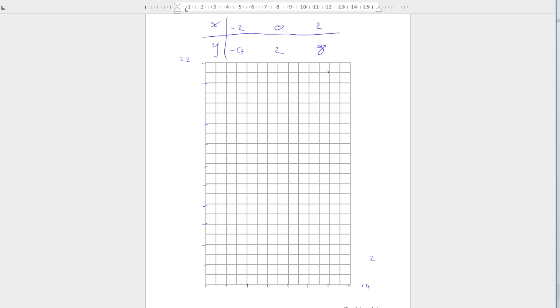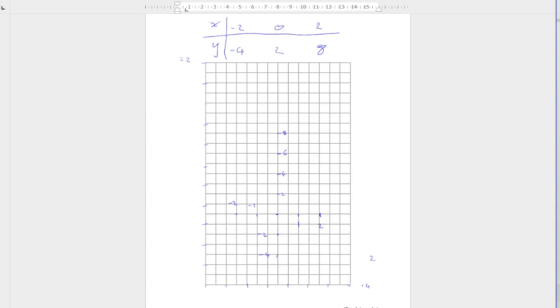So if I start there, I've got plenty of room actually, so I'm going to just bring that up slightly. I'm going to say that that's -4, -2, 0, 2, 4, 6, 8. Don't need to go any more than that, and I'm going to go 1, 2, -1, -2.